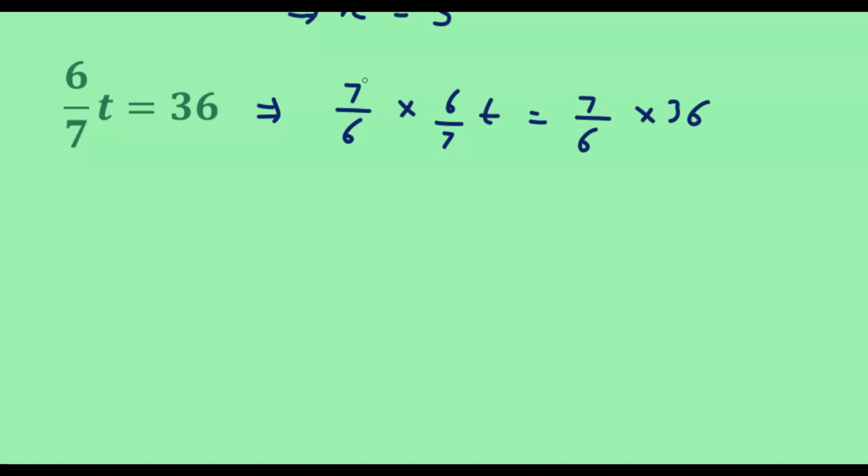We can cancel out these two 7s and these two 6s, and so on the left-hand side, we are left with t. On the right-hand side, we have 7 over 6 times 36. So we divide 6 by 6 to obtain 1, and we divide 36 by 6 to obtain 6, and we have 7 times 6, which is equal to 42. And so we have solved the one-step equation to obtain that t is equal to 42.